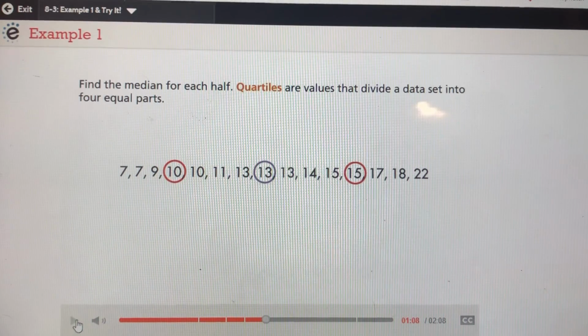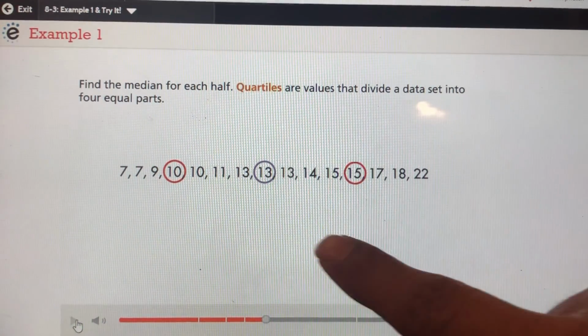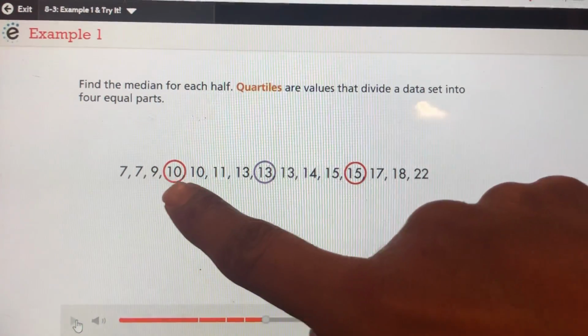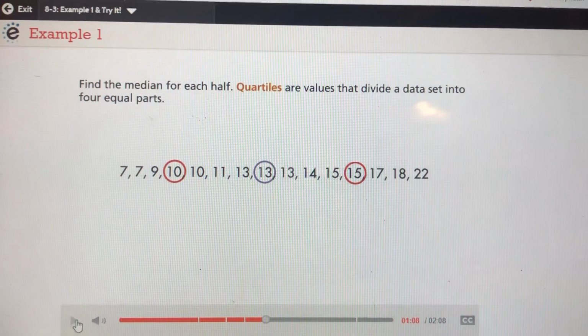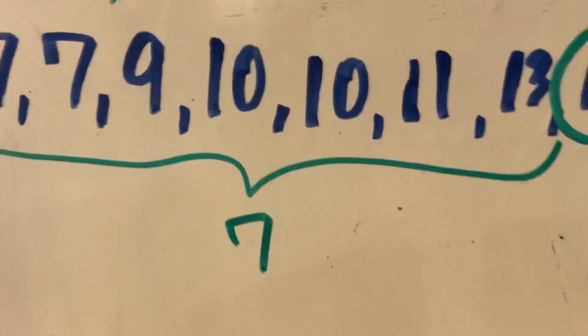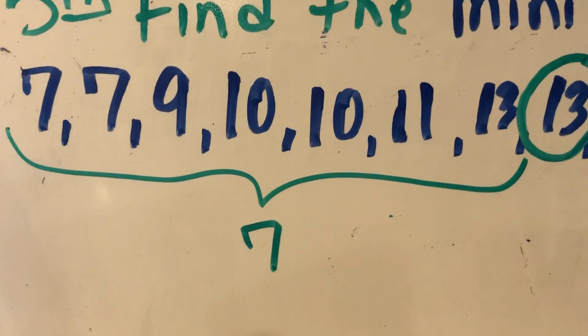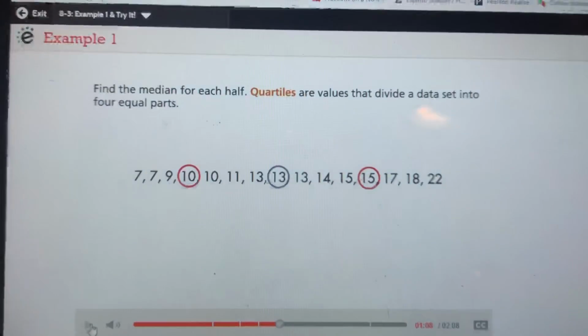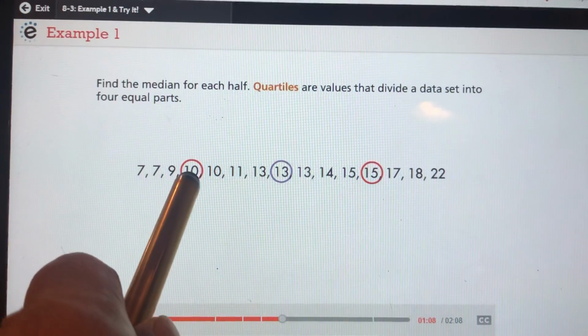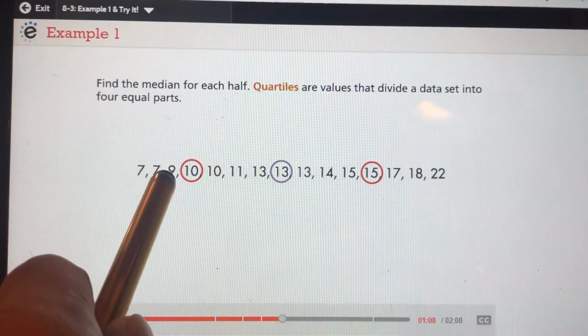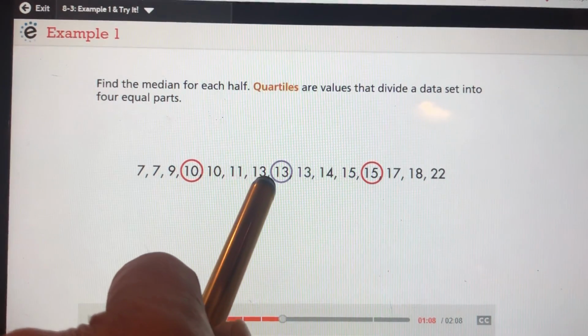Earlier I wrote on the whiteboard all these 7 numbers, and I identified my lower half. Those 7 numbers are my lower half, which gives me one number in the middle because I have 1, 2, 3, 4, 5, 6, 7 numbers.